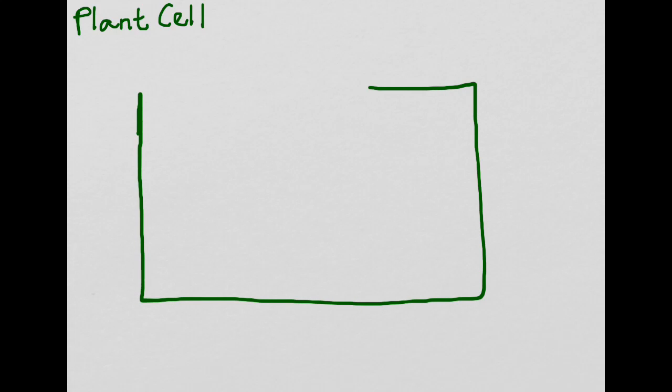Okay, so we're going to draw this guy kind of big. And the cell wall is thick. It is usually drawn and seen as being kind of a greenish color. But it is thick, and it is made up of cellulose.